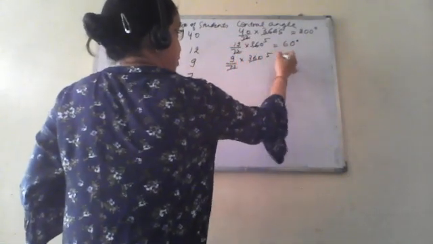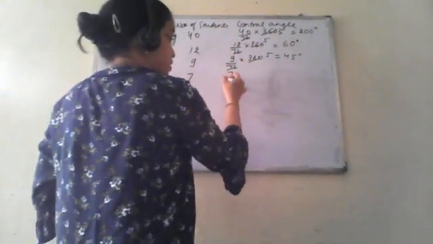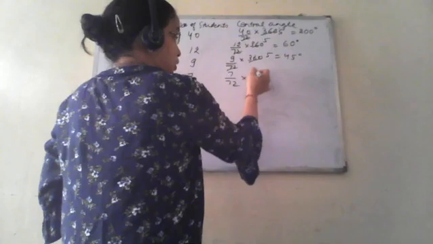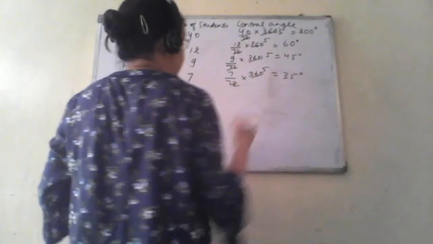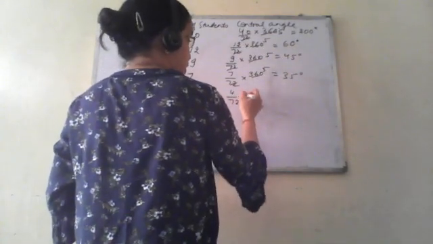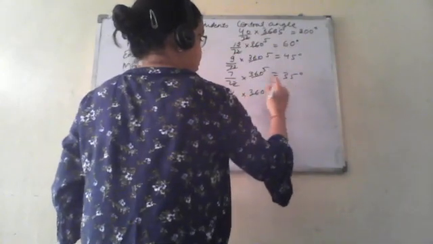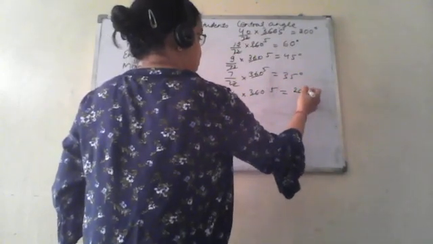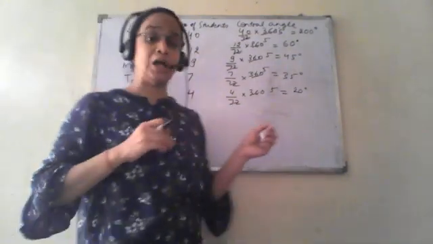It is 45 degrees. And Tamil it will be 7 upon 72 into 360. It is 35 degrees for Tamil. And Bengali it will be 4 upon 72 into 360 degrees. So it is 5 into 4, 20 degrees. So these are the central angles for the different languages.